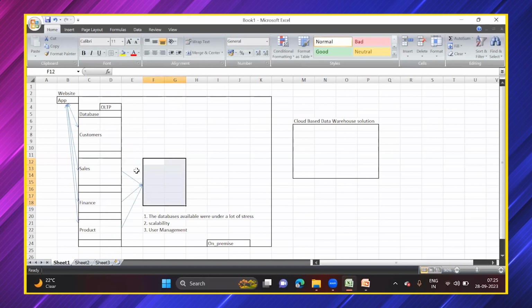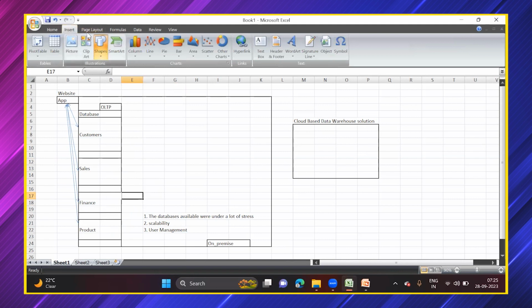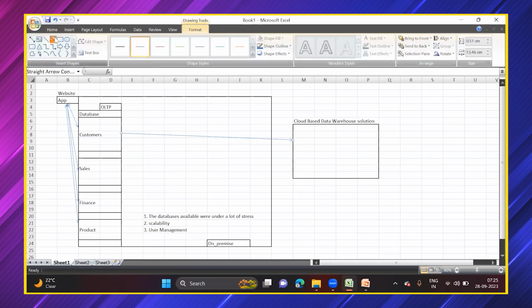Instead, the companies will have their own databases on premise, and when required for reporting, they will migrate the data into the cloud-based data warehouse solution. In this case, our cloud-based data warehouse solution will be Snowflake data warehouse. Let me write it like this.